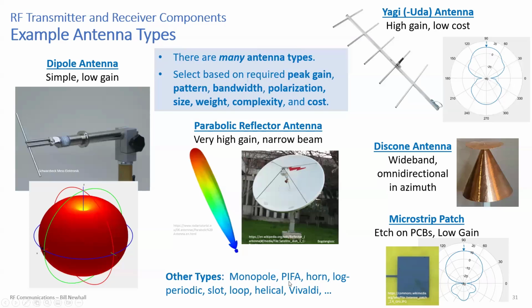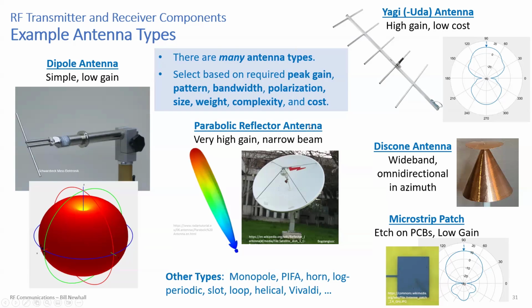PIFA antennas, planar inverted F antennas, are integrated into some RF modules. A horn antenna can direct energy in a certain direction at higher frequencies. Log periodic antennas, we used to use these for over-the-air television. They're fairly wideband. There are slot antennas, loop antennas, helical antennas, broadband Vivaldi antennas. Lots of different types of antennas.